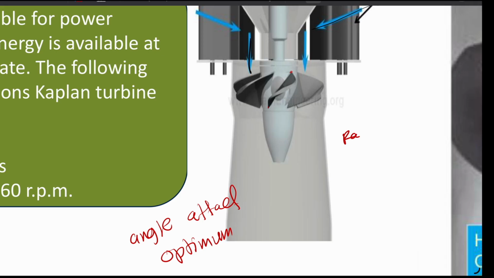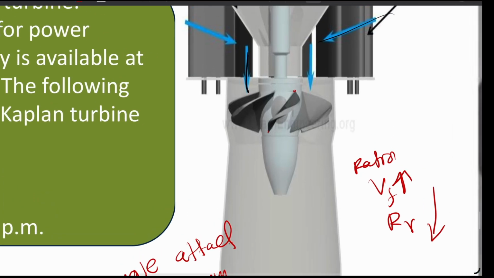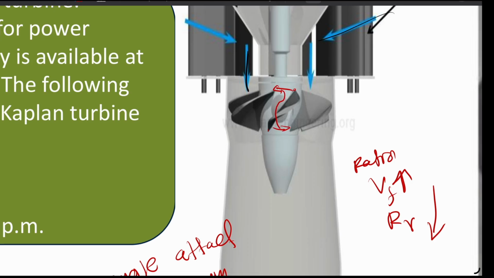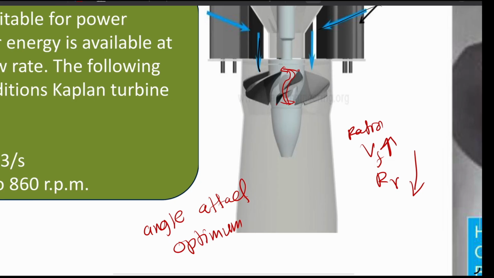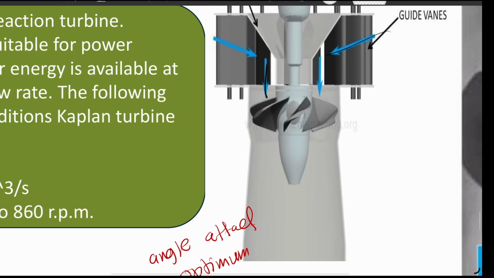If the ratio of flow velocity is very high, the relative velocity will be more axial. That means while positioning this guide angle, it has to be somehow vertical. In a Kaplan turbine, the flow condition can keep varying depending upon the guide vane.